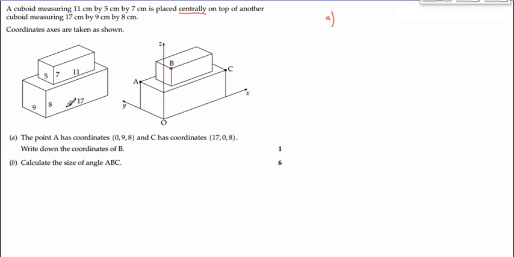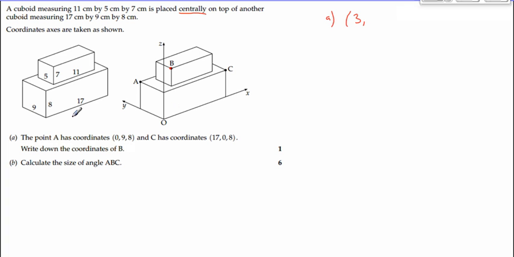So in the x direction, you have a spare 6. Because that cuboid is central, that means there's 3 on each side. So the x coordinate has to be 3.